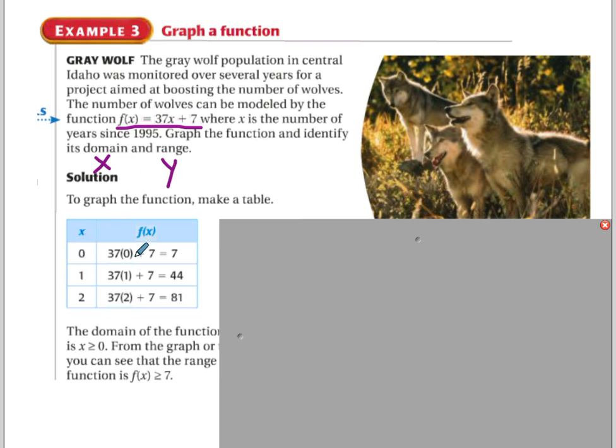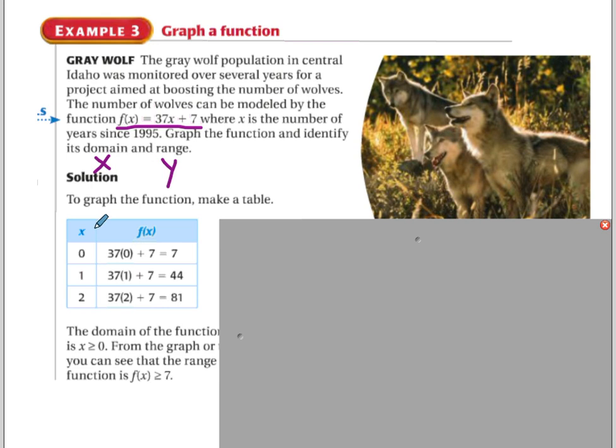So we plug that into the original function. 37 times 0 plus 7 equals 7. Plug 1 in for x: 37 times 1 is 37, plus 7 equals 44. Same thing for 2: 37 times 2 plus 7, which is 81.